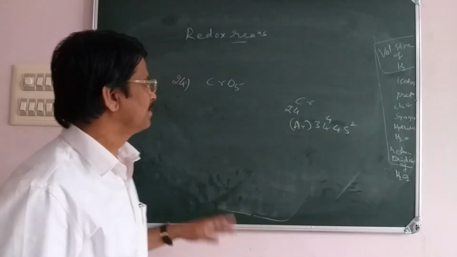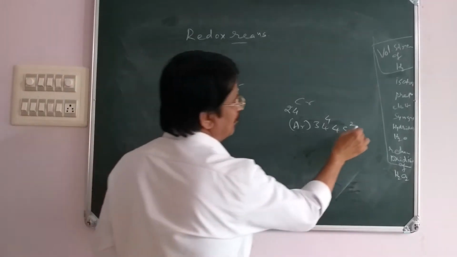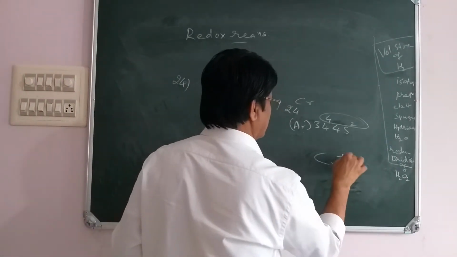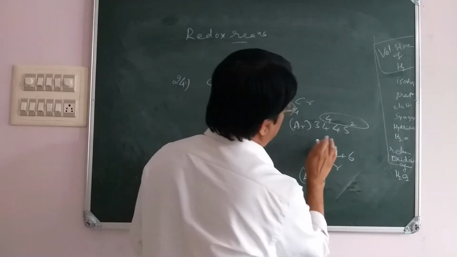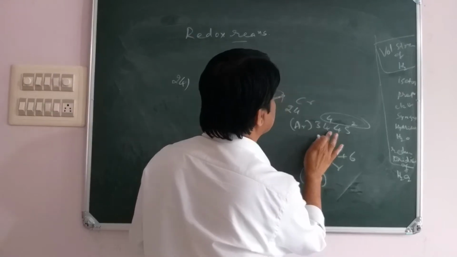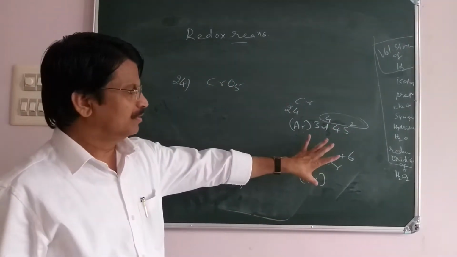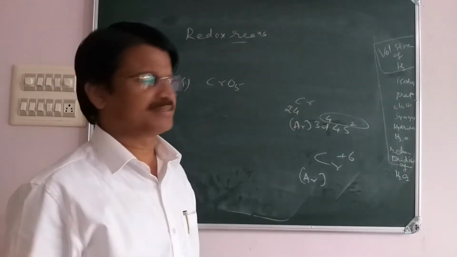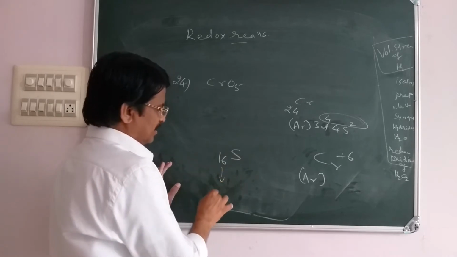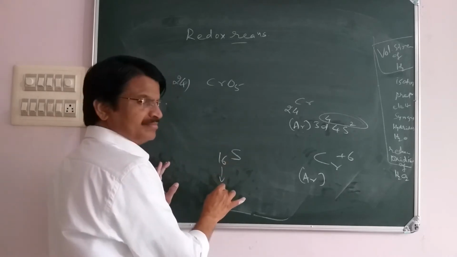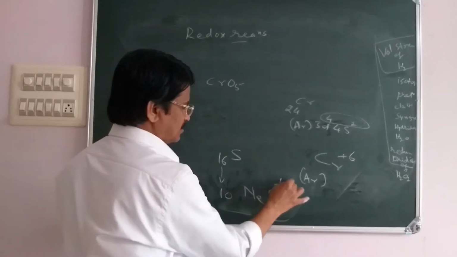This is chromium. Then the maximum oxidation number of chromium, the last oxidation number of chromium is +6, and similarly for S, atomic number 16, it can lose 6 electrons, meaning it gets a neon configuration, S +6.